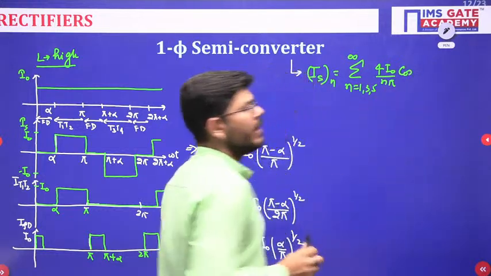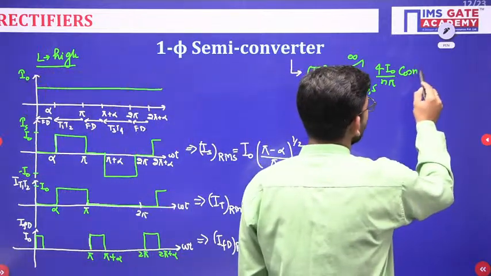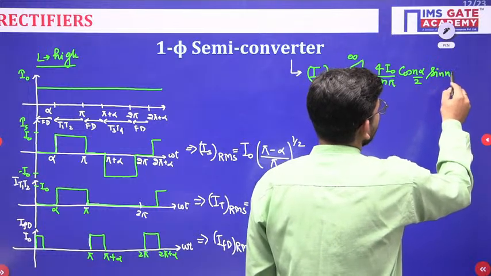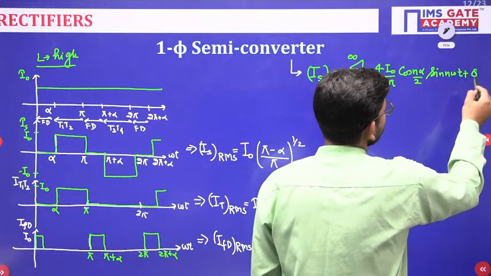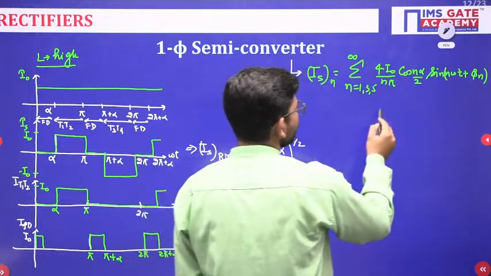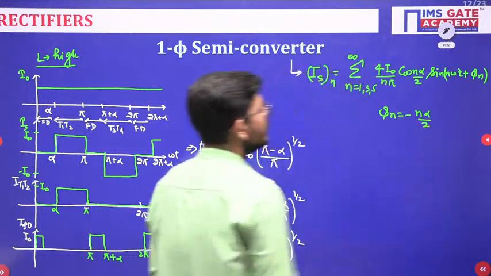Because we are shifting by alpha by 2, theta will become alpha by 2, so cos n alpha by 2 we will write here, and sin(n omega t plus phi n) because of the shifting, where the value of phi n is minus n alpha by 2.